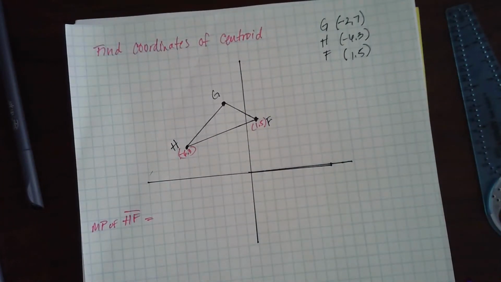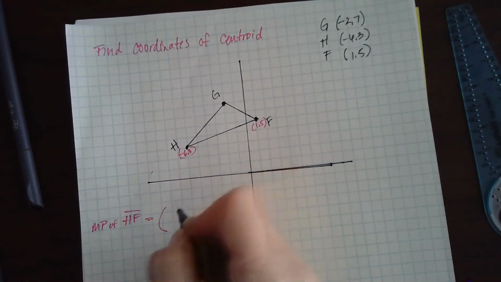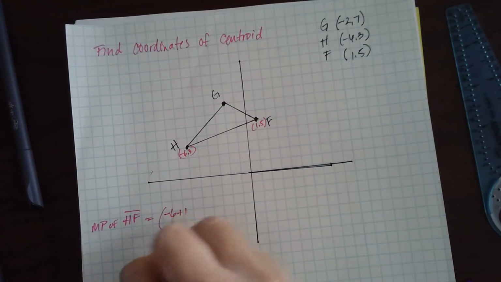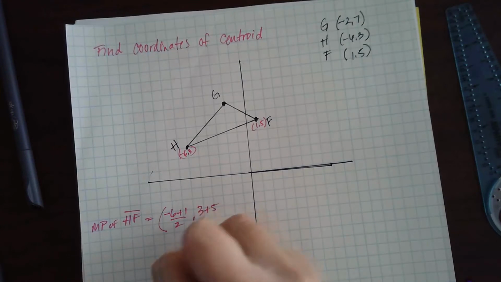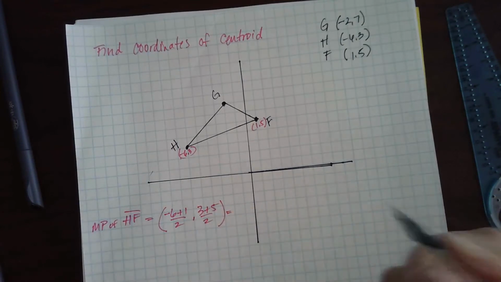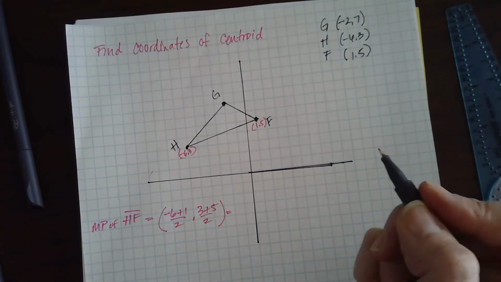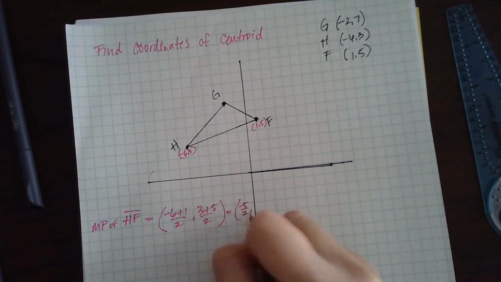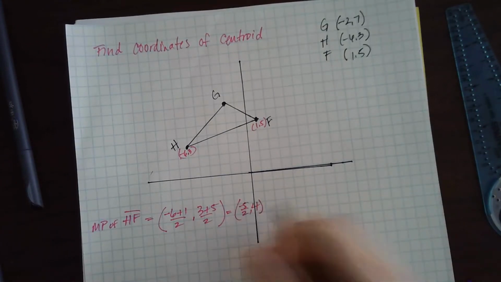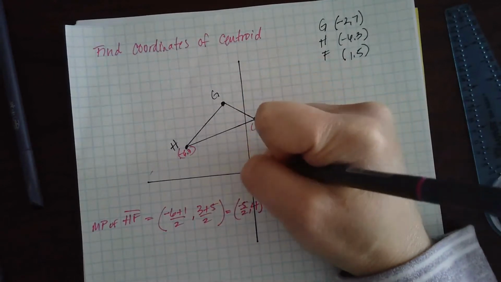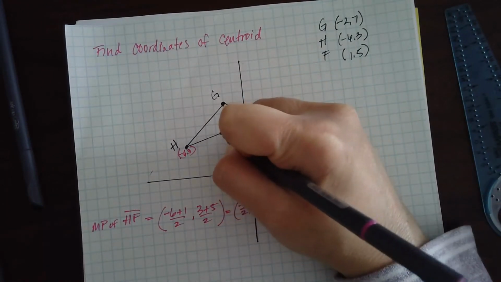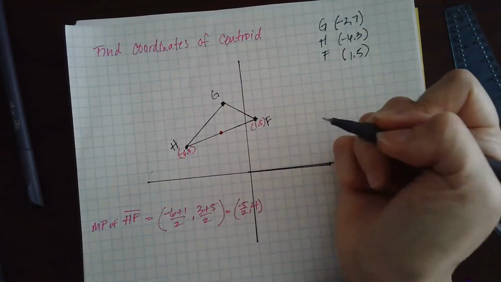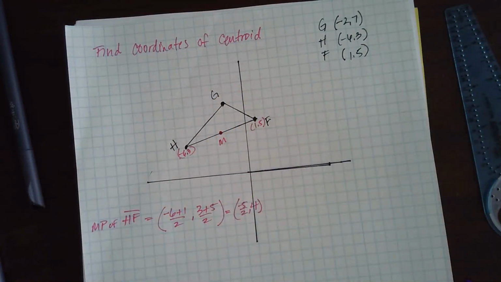So the midpoint of H to F is, I add up the x's, divide by 2, add up the y's, and divide by 2. So I get -5 over 2, so -2.5, and that's 8 over 2, which is 4. So -2.5, and 1, 2, 3, 4, and that looks about right. And I will call this M for midpoint.